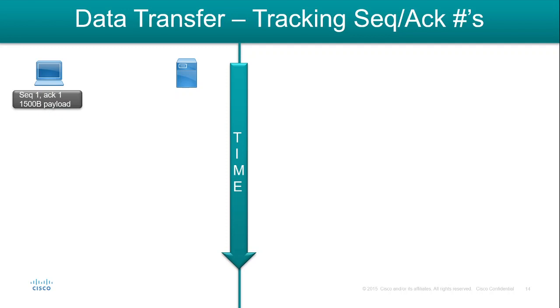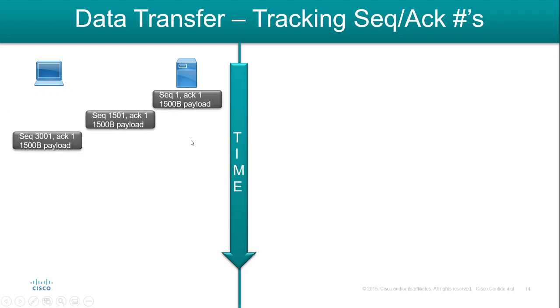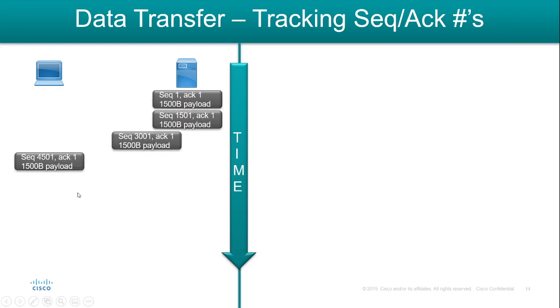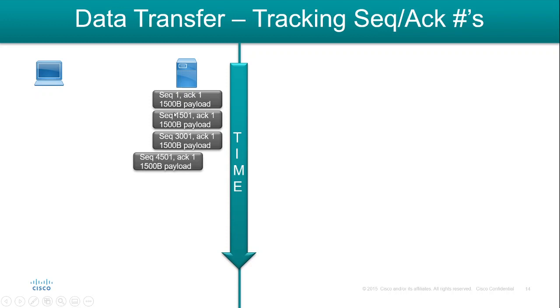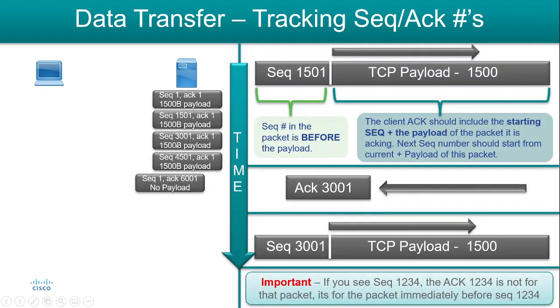Now what's going to happen is my client, now the three-way handshake is complete, wants to send data to the server. The client is going to start off by sending one packet with some payload, followed by some subsequent packets with their own payload, but you'll notice the sequence number continues to increment. The way I could tell that the server received all 4 blocks of data is through this acknowledgement frame. There's quite a bit that's going on here, so let's break it down in terms of what we see over on the right.